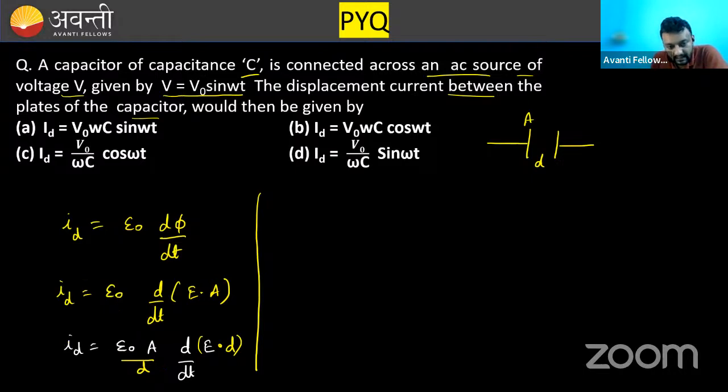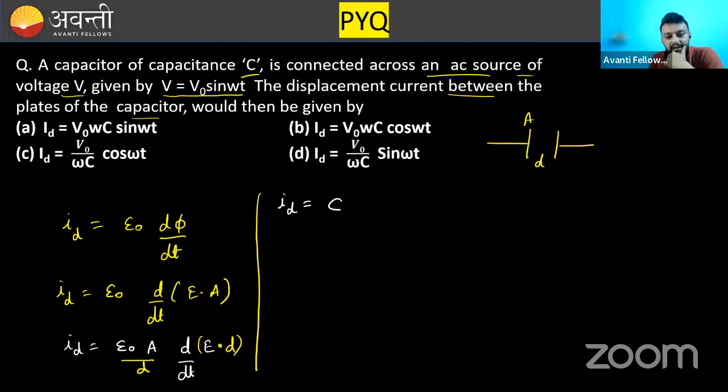Because if you see epsilon naught A over d, do you remember what it is? This is a very famous relation: the capacitance of a parallel plate capacitor is A epsilon naught over d. So this is capacitance C, not the speed of light.